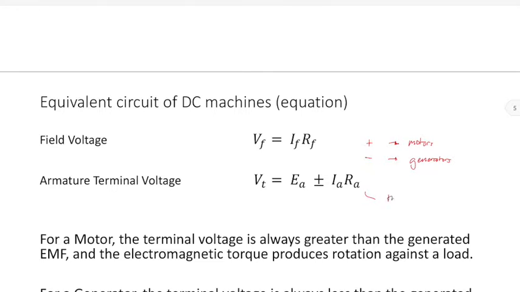So this is a voltage drop for generators. So it is important, class, to learn this once we design DC machines, that the generated EMF, or E sub A, should be designed to be greater than the terminal voltage, or VT.